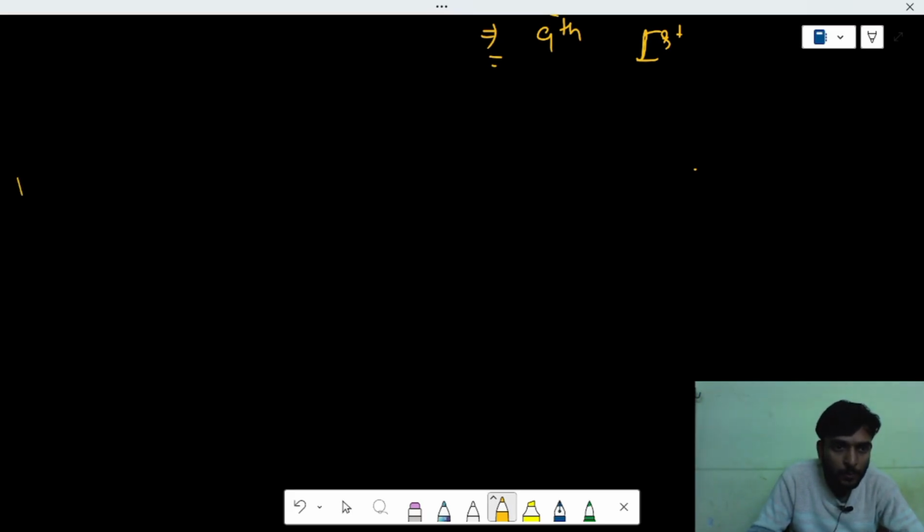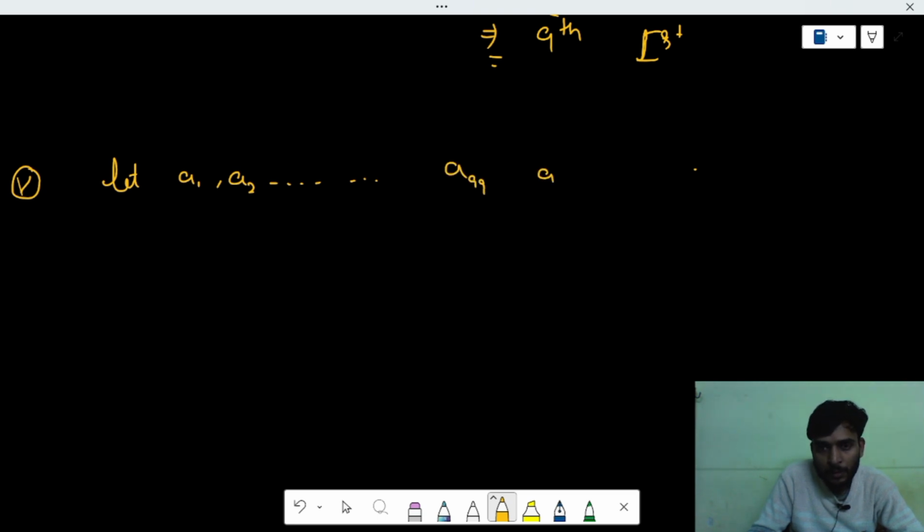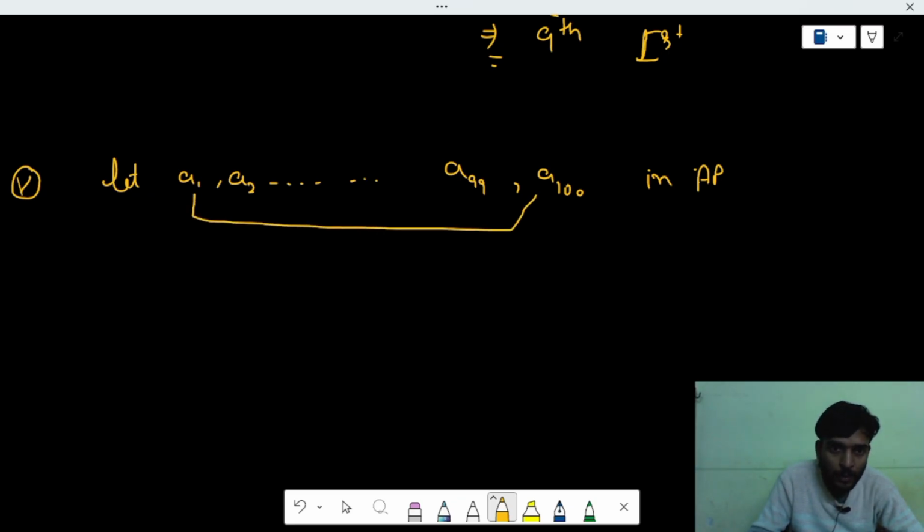Now I am discussing property number 5. Let A1, A2 and so on, A99, A100 be in AP. The sum of the first term and last term is equal to the sum of the second term and second last term.